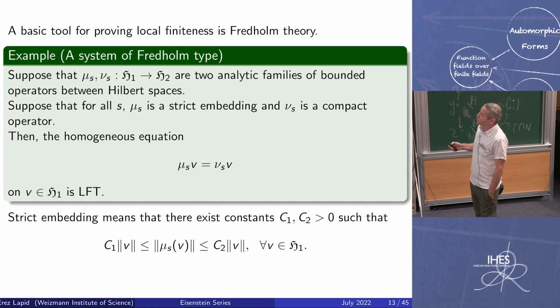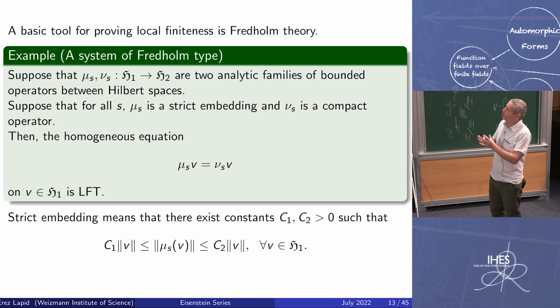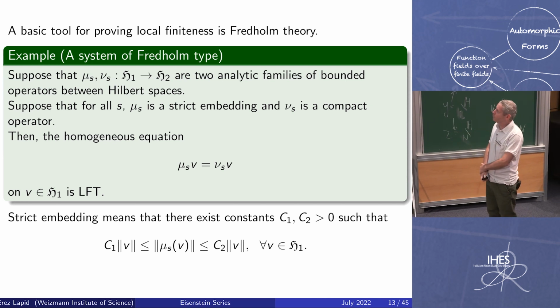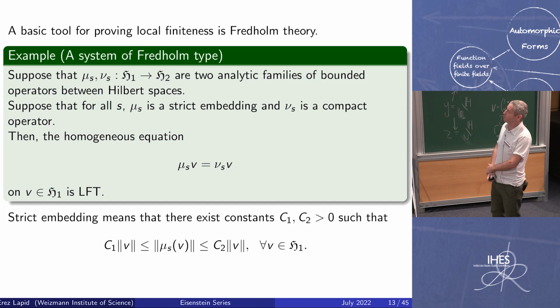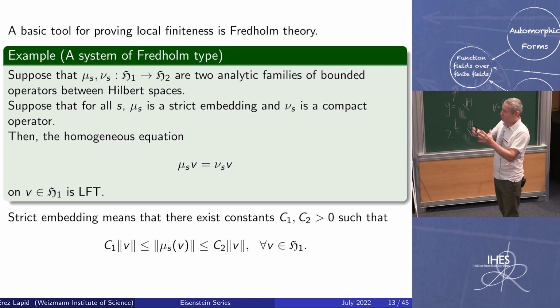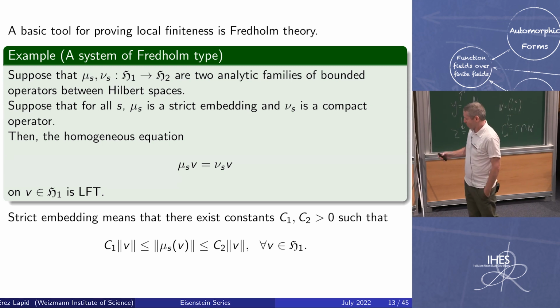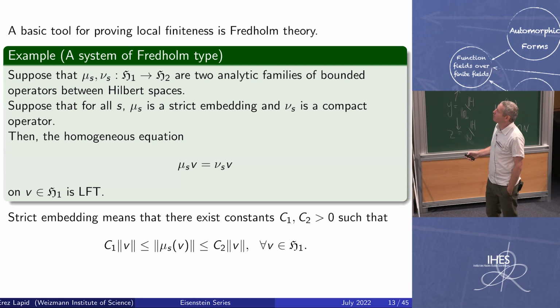Suppose I have two Hilbert spaces and two families of analytic operators between them, mu s and nu s. Suppose that mu s is a strict embedding, which means that the norm is basically the same after mu s as before, and nu s is a compact operator. Then I claim that the homogeneous equation mu s equals nu s is locally of finite type.